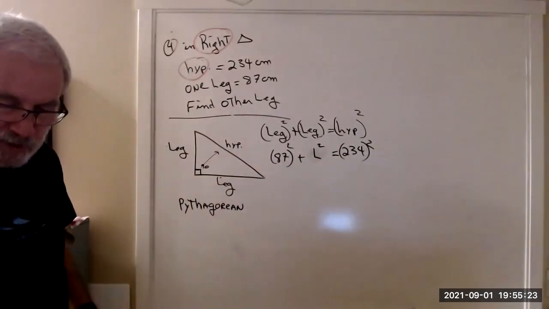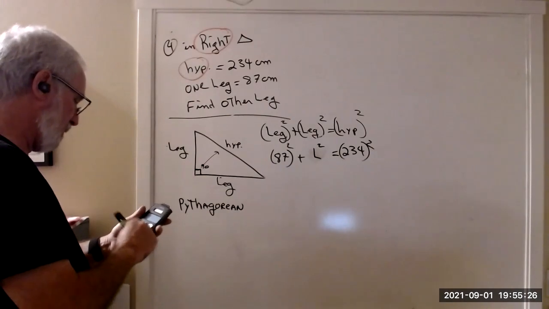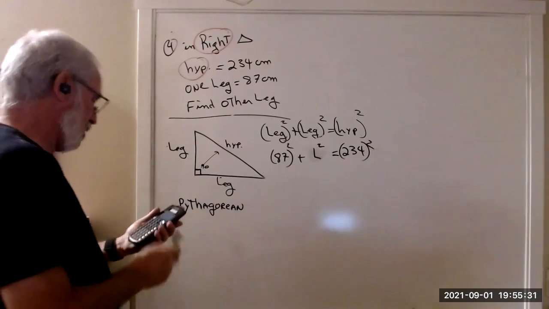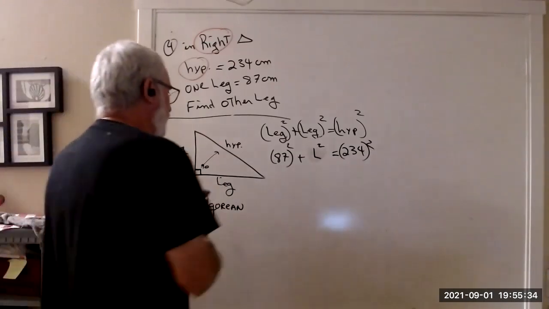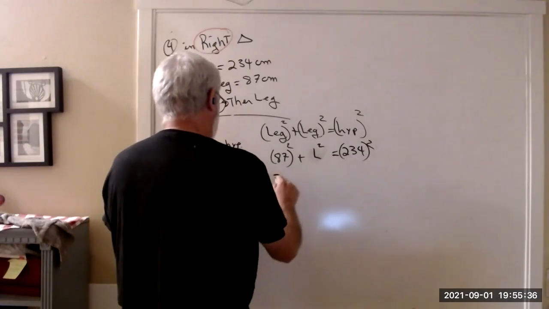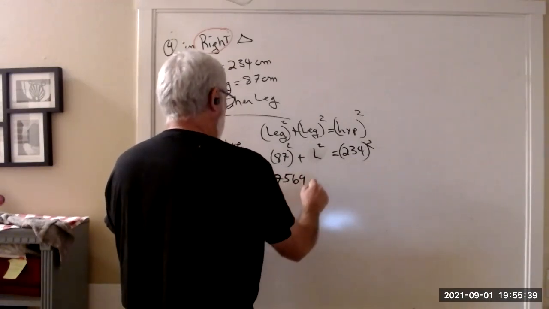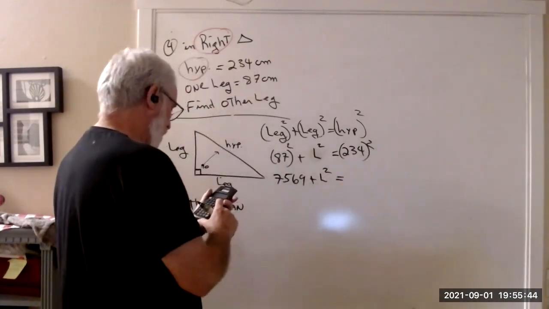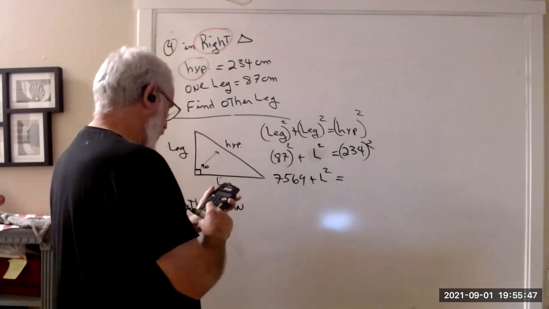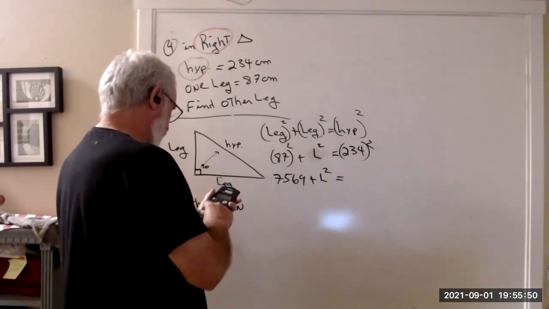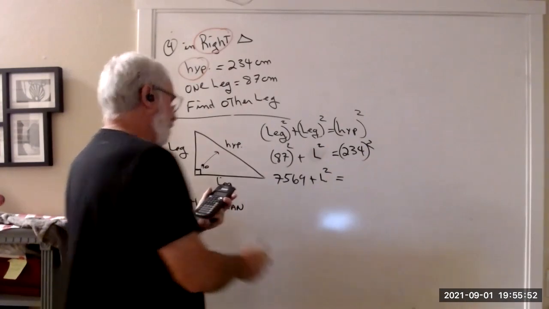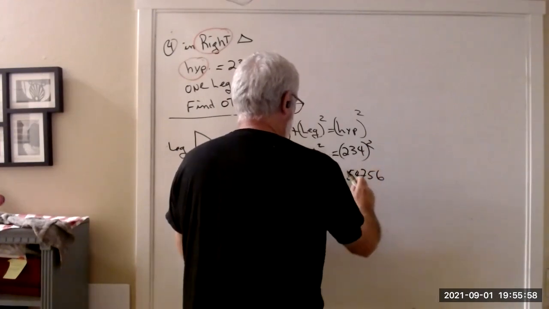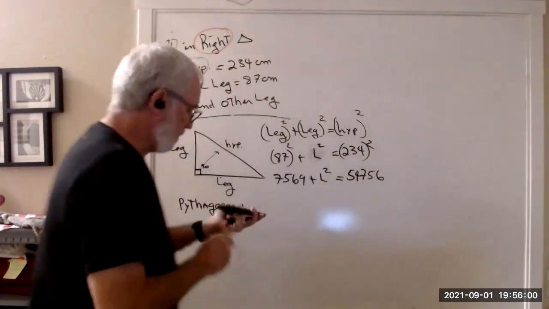So you whip out your calculator and you do some work here. 87 squared, I get 7,569 plus L squared equals 234 squared, 54,756.